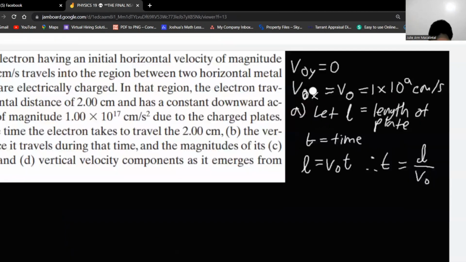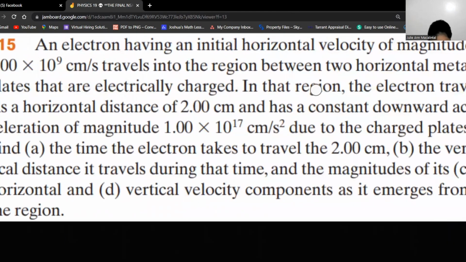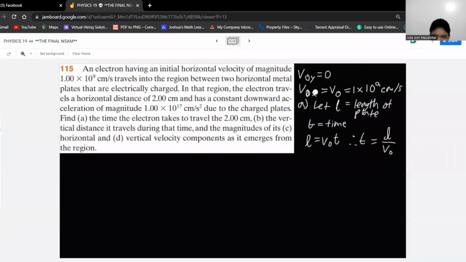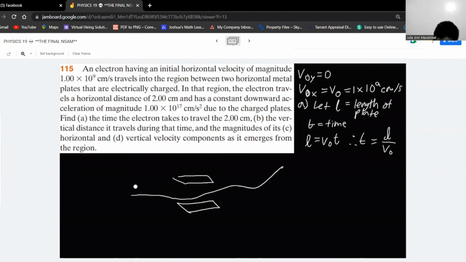So this is sort of like yung experiment ni Rutherford. May dalawang plates, tapos ibe-bend niya yung path.